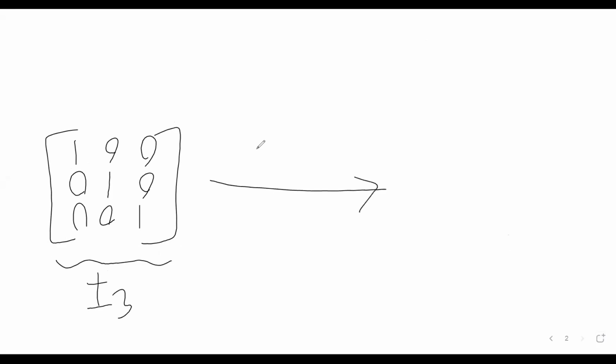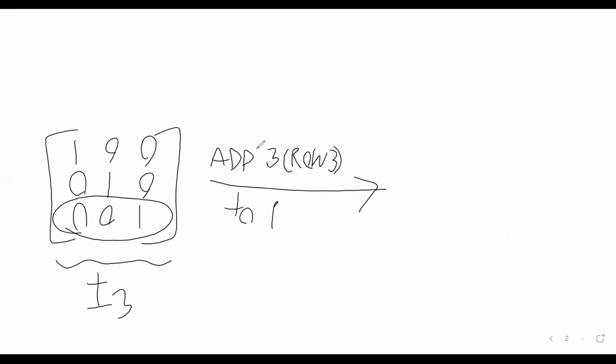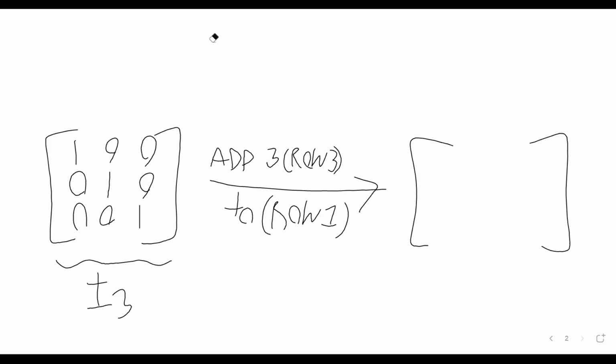Now, if I add 3 times row 3 to row 1, then what happens? Well, actually first I'm going to color this in green. So I'm going to add 3 times this row to the first row.